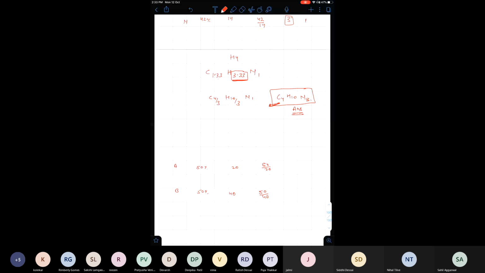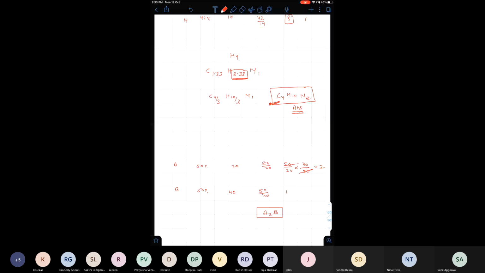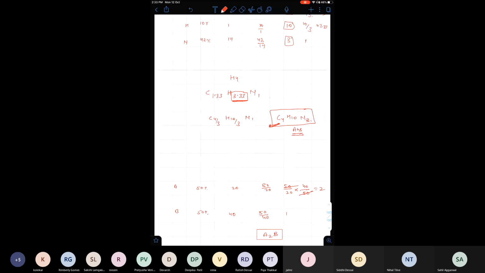This one is smaller, so it will become 1, and this will become 50 by 20 divided by 40 by 50, which is 2. A to B. This is correct. Pratyusha, the next one is correct. Very good.